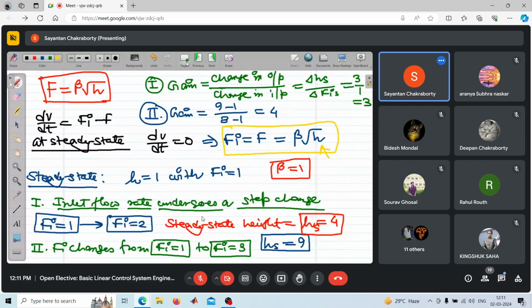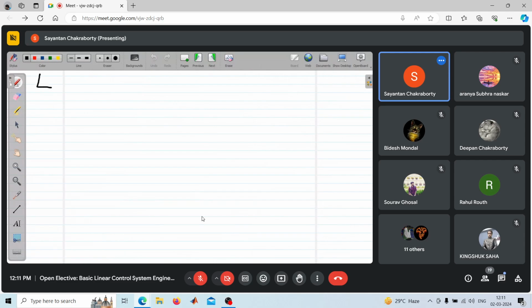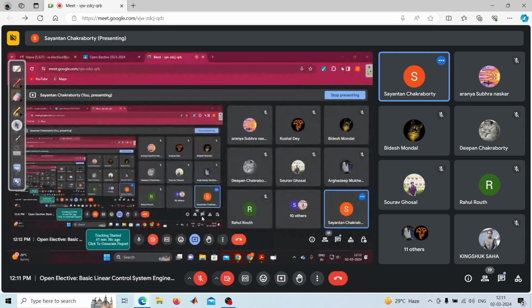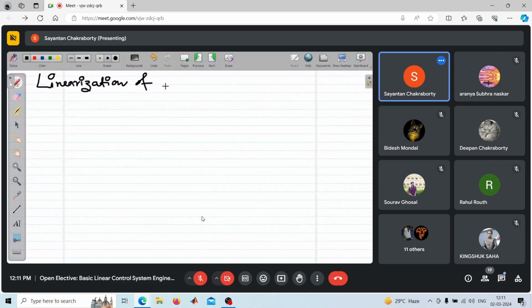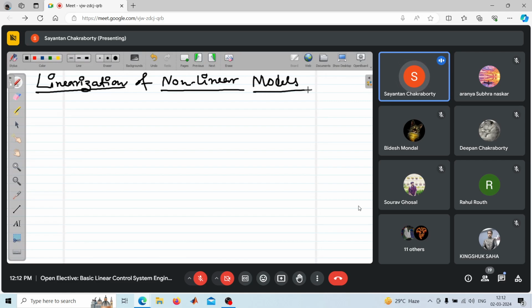Like, linearization of such nonlinear models.